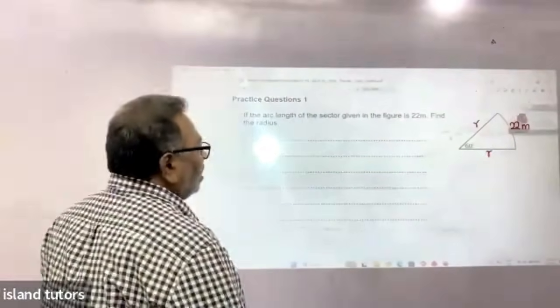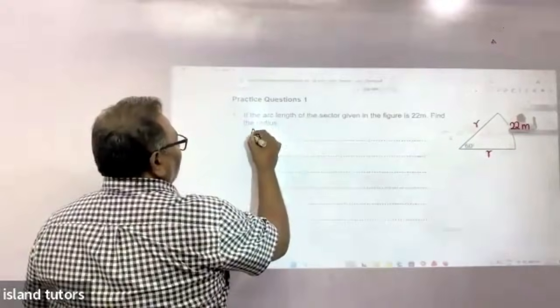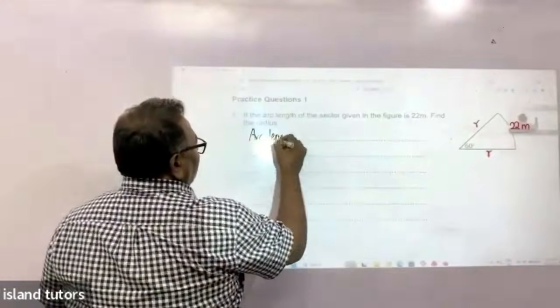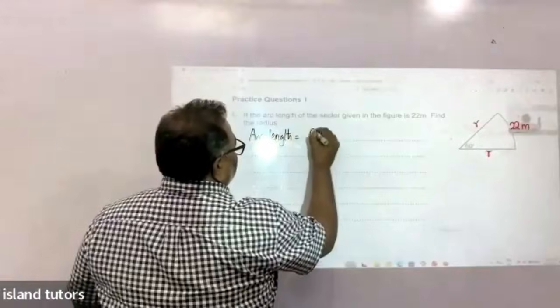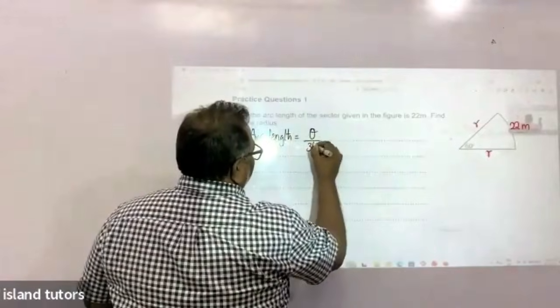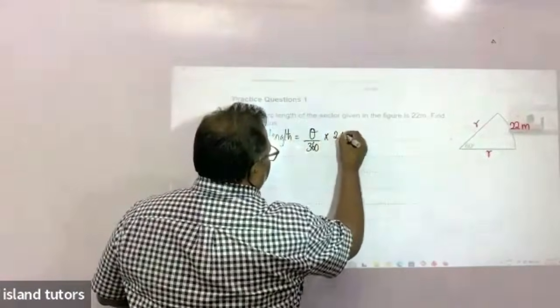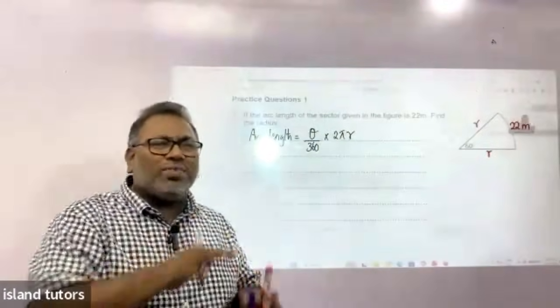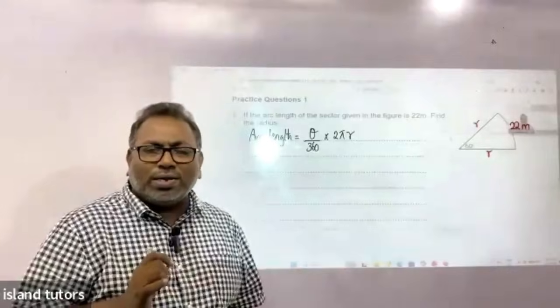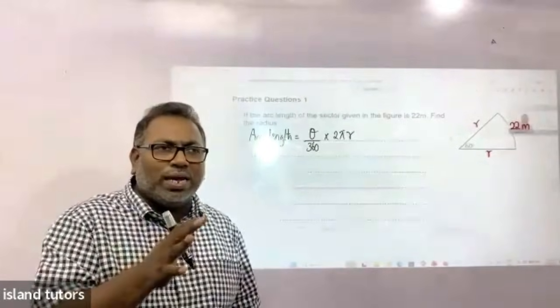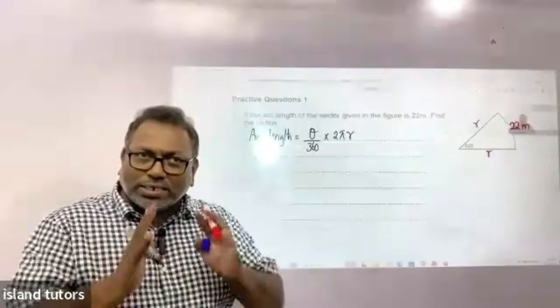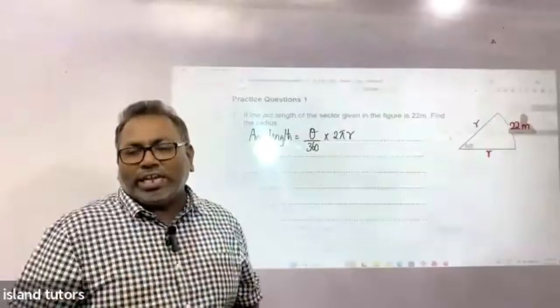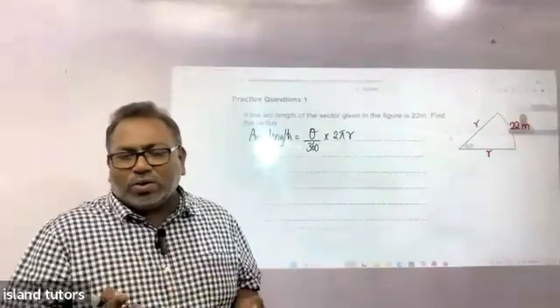So how do you find the arc length? Arc length is equal to theta over 360 into 2 pi r. Get used to writing the formula. It really helps, because once you write the formula, it's a matter of just substituting the data and finding the unknown.